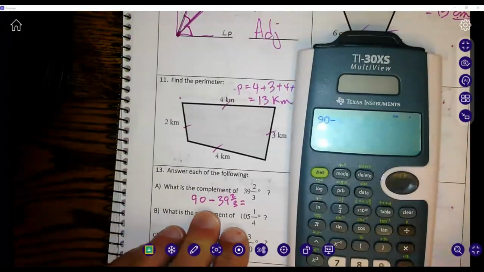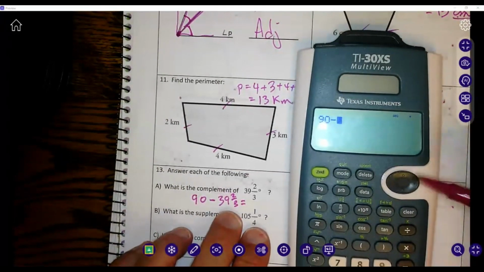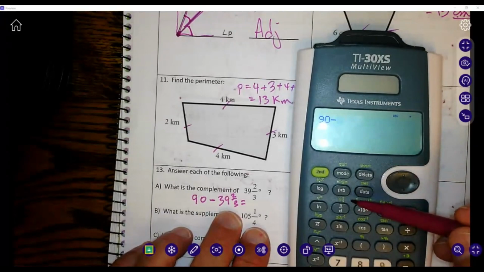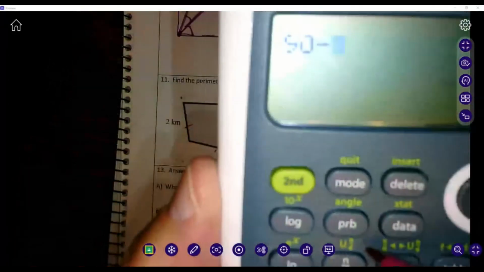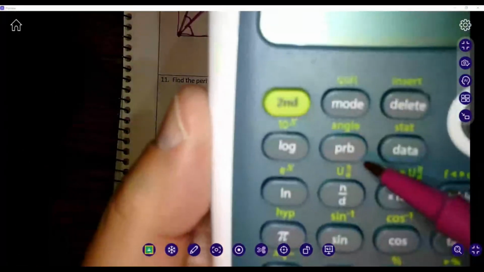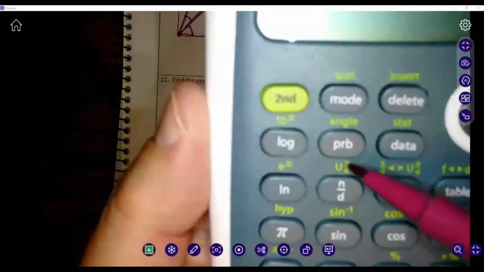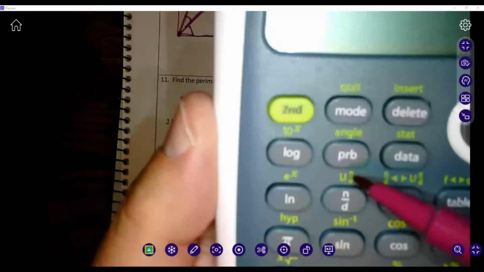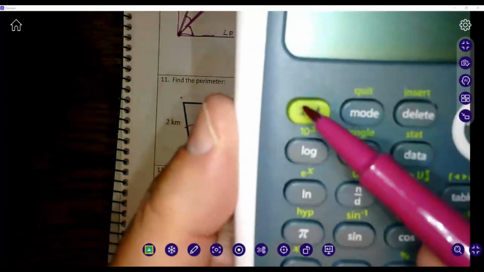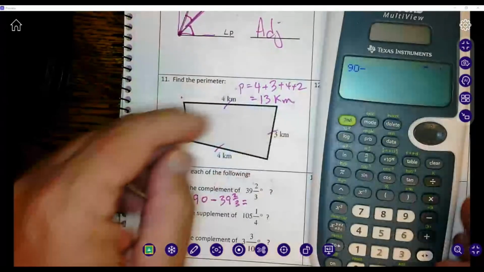So I'm going to punch in 90 minus, and this is a mixed number. And if you'll remember, there's a mixed number key right here on the calculator that says UND. U as units and N numerator, D denominator. And it's in green, so to activate it, I have to hit the second button.